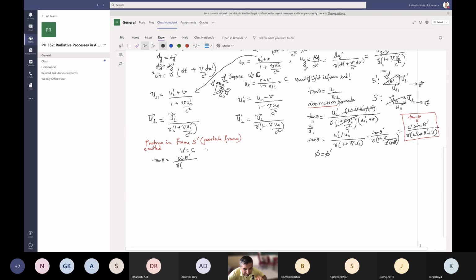V is not c, V is V, but u prime, we are looking at photons emitted in the S prime frame, so u prime is c. So gamma, cos theta prime plus v by c.